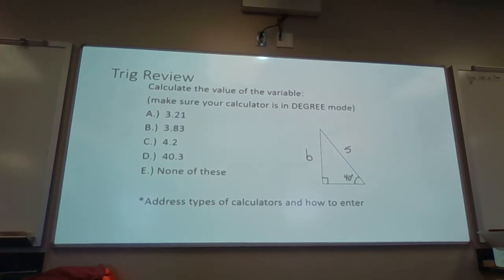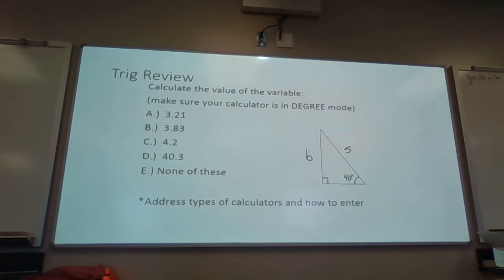We like degrees. On your calculator, there should be a DEG or a D in small fine print somewhere on your screen. If it has R or RAD, that's radians, you need to switch that.